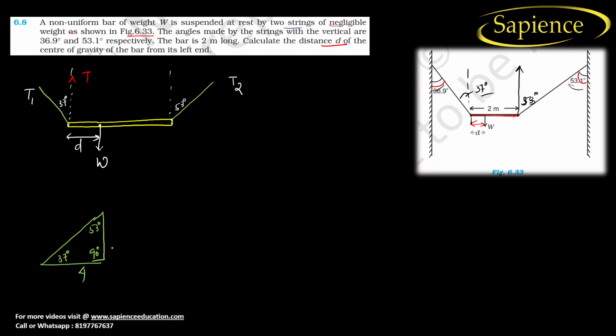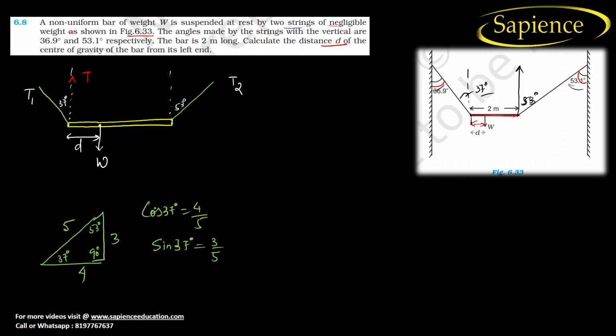If we consider this side as 4 and this as 3, automatically we get 5. So from this figure, cos 37 degrees is base by hypotenuse, equal to 4 by 5, and sine 37 degrees is perpendicular by hypotenuse, equal to 3 by 5.